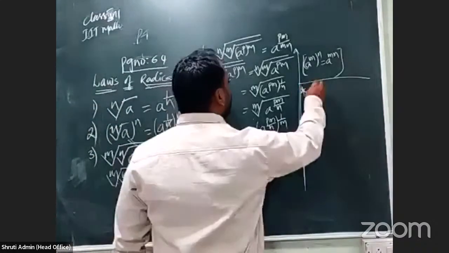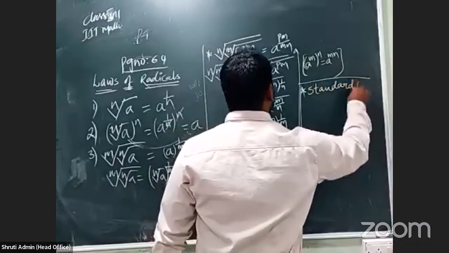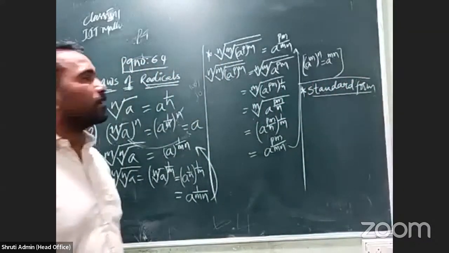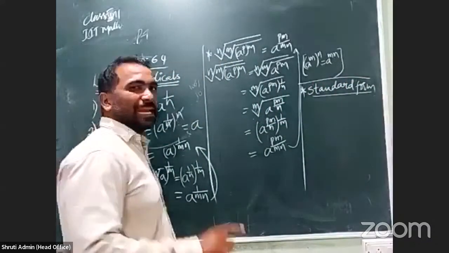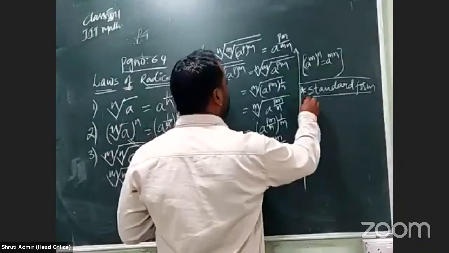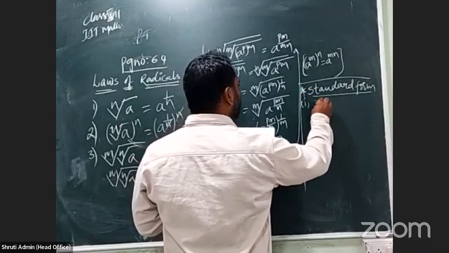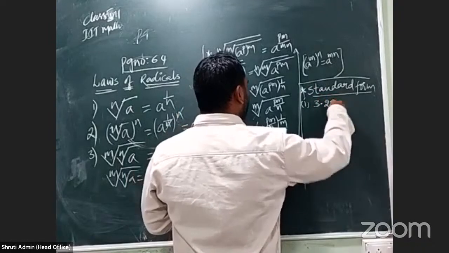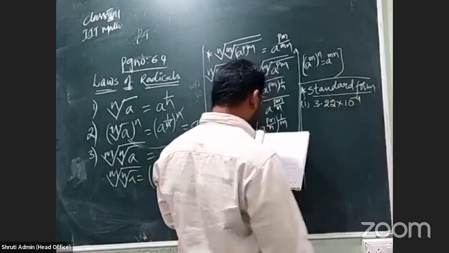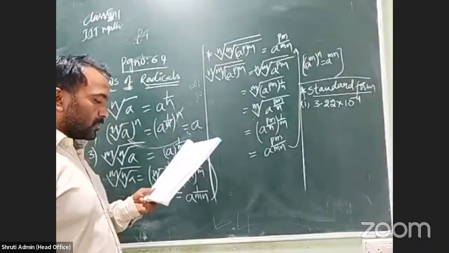See, standard form. 7th class children, you have in your academic textbook also, writing in standard form, right? So writing in standard form, suppose the first question is 3.22 into 10 power minus 4.